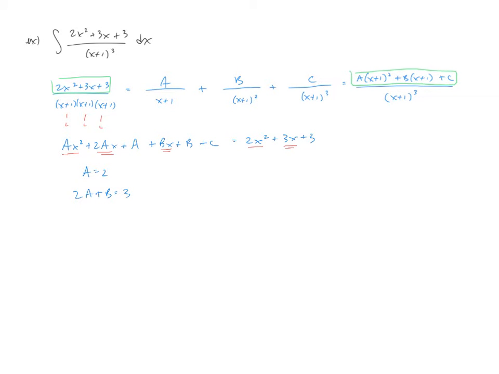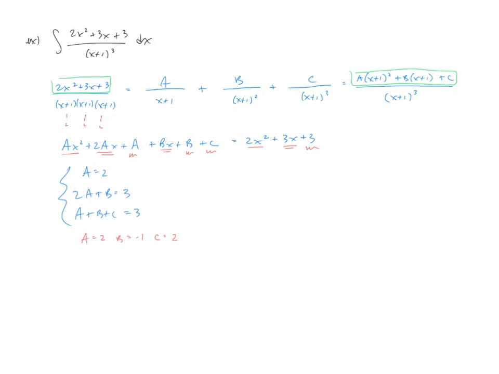Finally, A plus B plus C has to be equal to that 3. There's your linear system that you can solve by substitution or elimination, whatever you prefer. Jumping to the end here, A would equal 2, B would equal negative 1, and C would equal 2 as well.